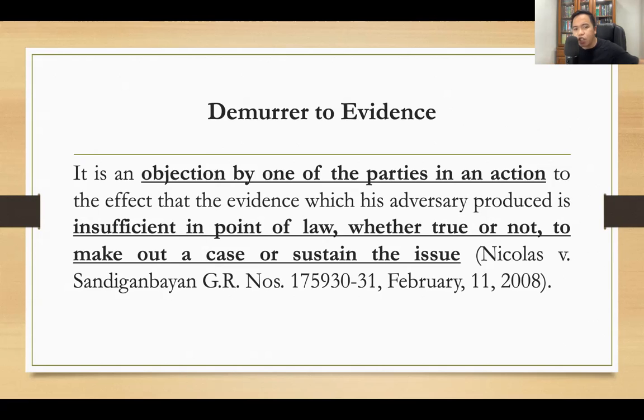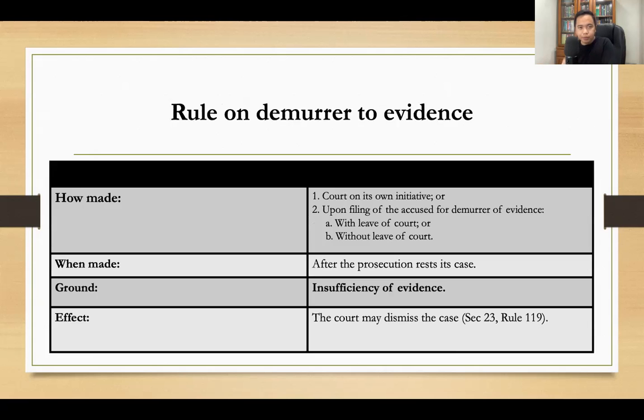It is an objection on the part of the accused to the effect that the evidence presented by the prosecution is insufficient in point of law, whether true or not, to make out a case or sustain the issue. Okay.